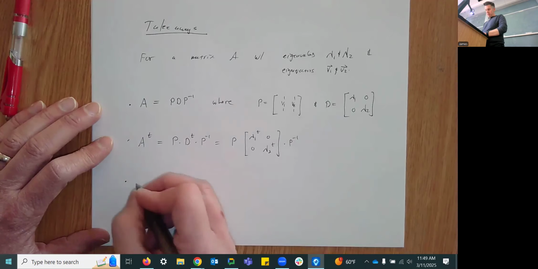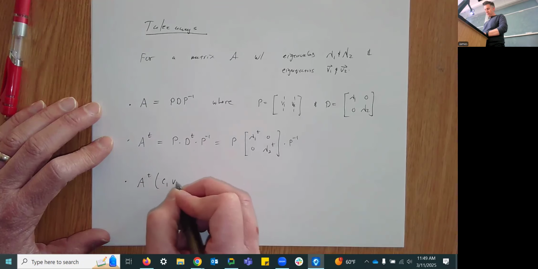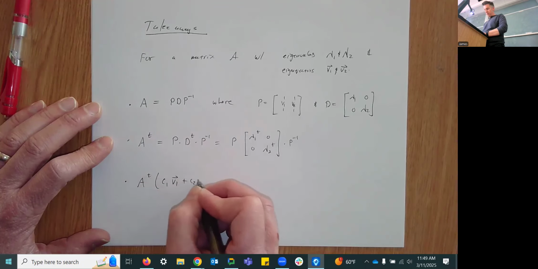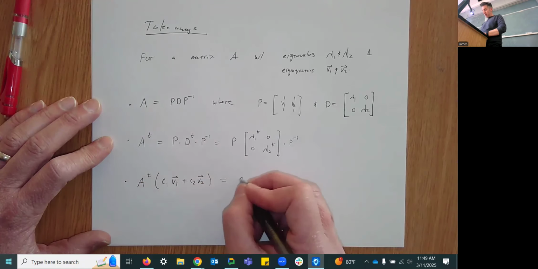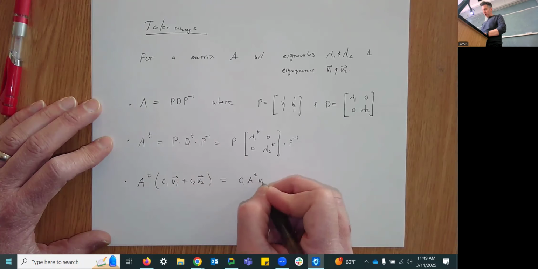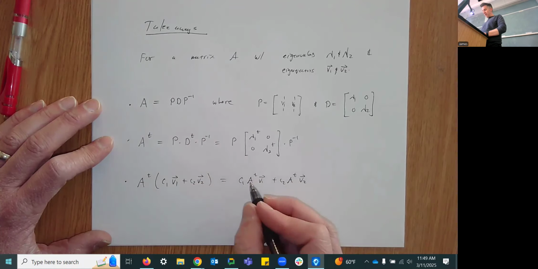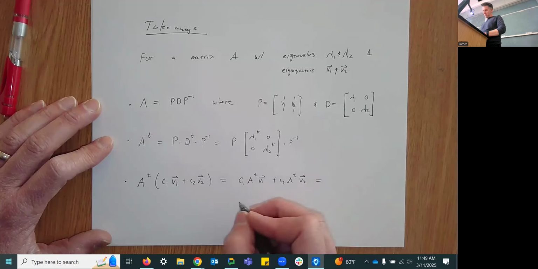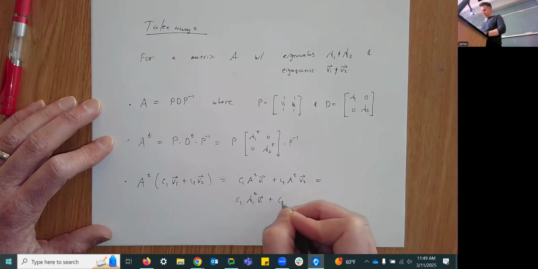Additionally, A to any power times a multiple of V1 plus a multiple of V2 can be multiplied out and end up with C1 A to the T times V1 plus C2 A to the T times V2. But then A to any power times an eigenvector is equivalent to the corresponding eigenvalue to that power times the eigenvector.